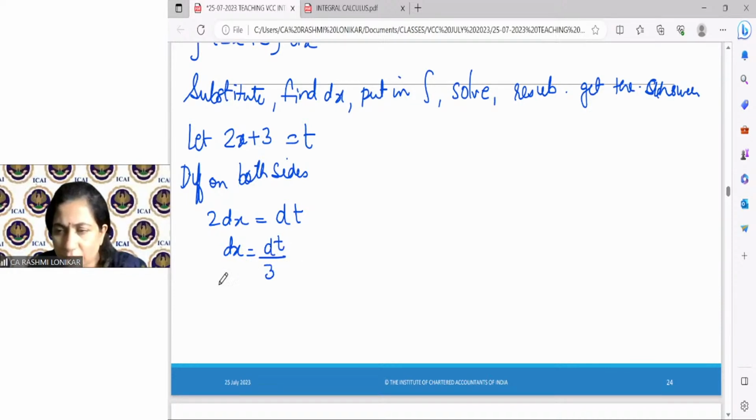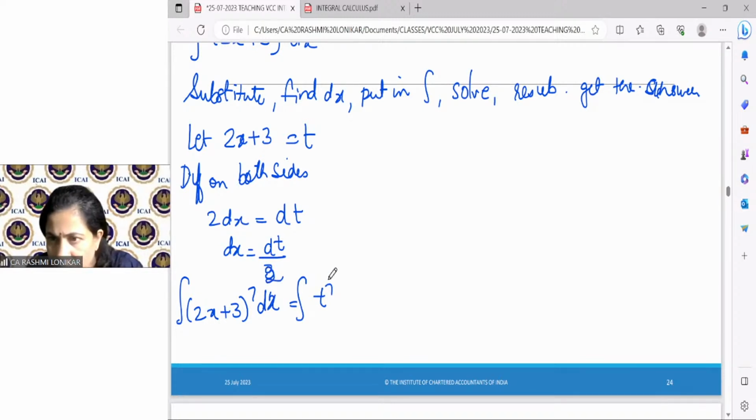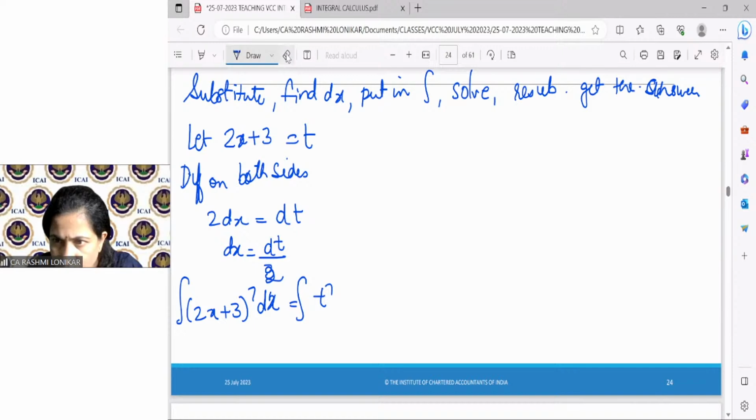Okay. Put it in the integration. So my integration of 2x plus 3 raised to 7 dx is equal to, instead of 2x plus 3, I'm writing t, so t raised to 7, instead of dx, I'm writing dt upon 2, which is equal to 1 upon 2 integral t raised to 7 dt.